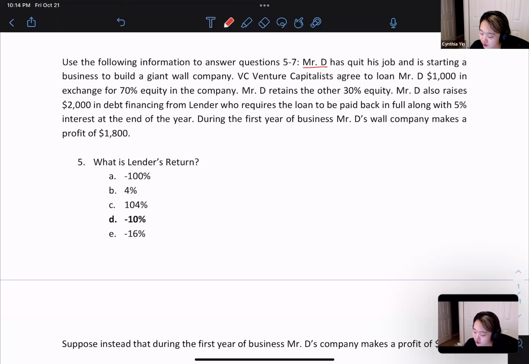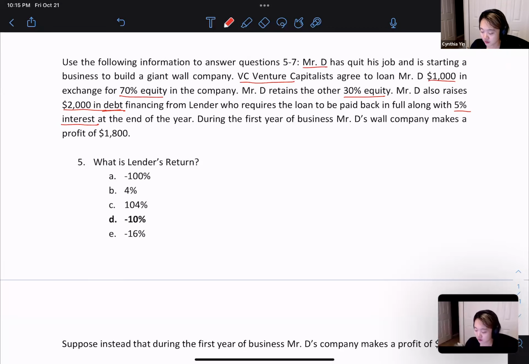A venture capital firm agrees to loan $1,000 in exchange for 70% equity, and Mr. D will retain the other 30% equity. At the same time, Mr. D raises $2,000 in debt, which requires 5% interest at the end of the year.